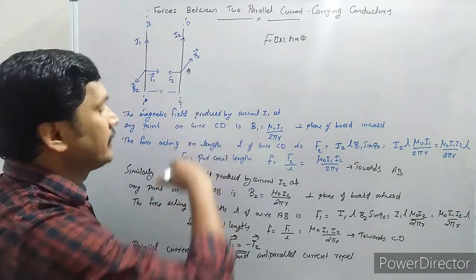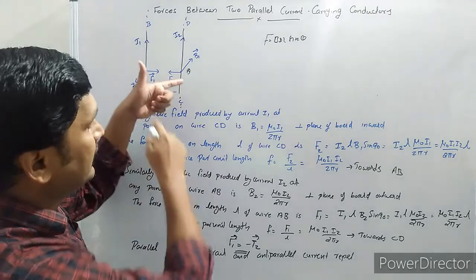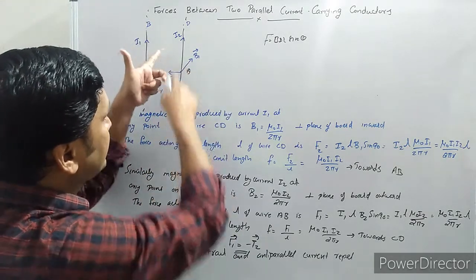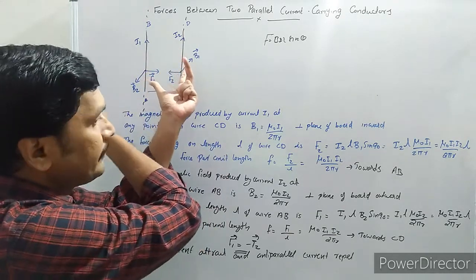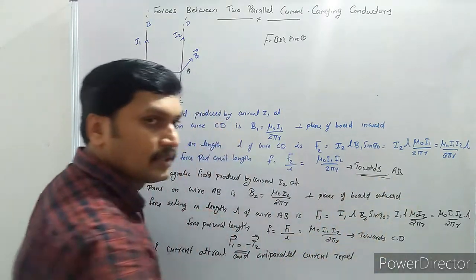Apply Fleming's left hand rule to find the direction of this force. The magnetic field is inward, in the direction of the forefinger, and this is the direction of current, and you can see the thumb is pointing towards AB. That is, this force F2 is acting towards AB.